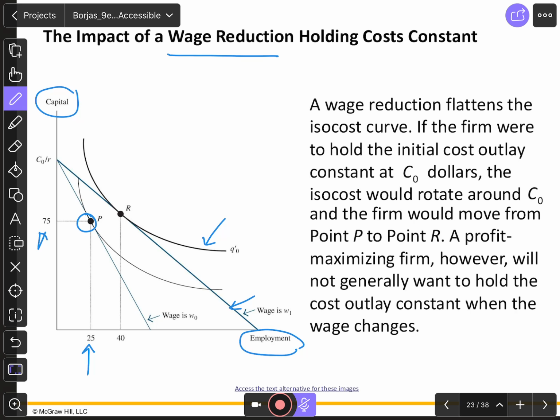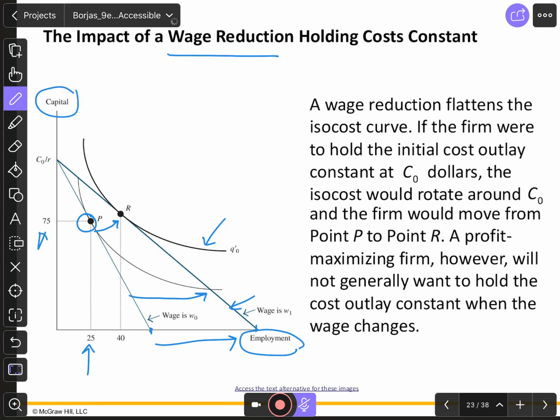What if the wage rate drops? If the wage rate decreases, then there is a rotation in the isocost line. You have a bigger intercept now, you are hiring more workers. And you are also moving from point P to a higher point, point R, because you are producing more and you are on a higher optimal point.